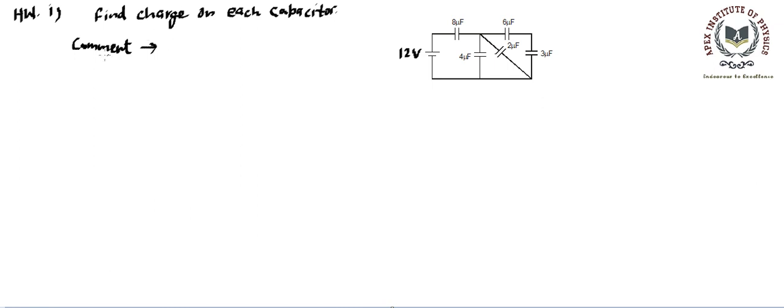We are interested to know, in the comment section, the charge on 3 microfarad. So that is expected from you, that you find out the charge on the 3 microfarad, and if that is correct, we can think the rest would have been done correctly.